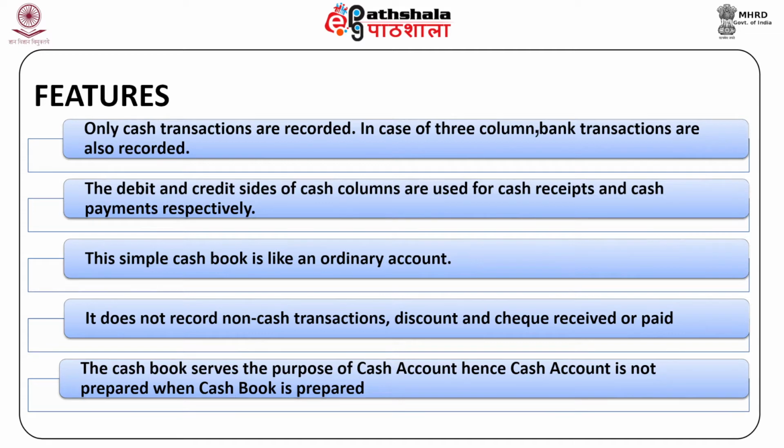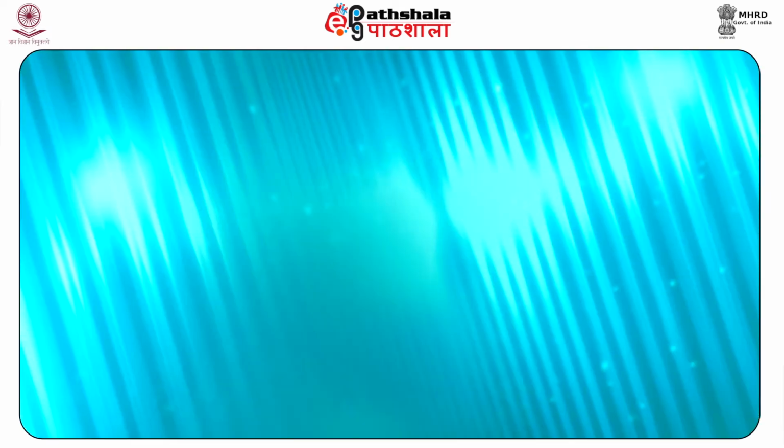The cash book serves the purpose of cash account. Hence, cash account is not prepared when cash book is prepared. It does not record non-cash transactions, discount, and cheques received or paid. The balance shows cash in hand. Since cash paid cannot exceed cash received, there can never be any credit balance.